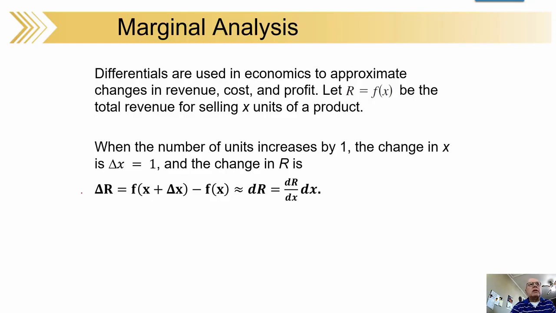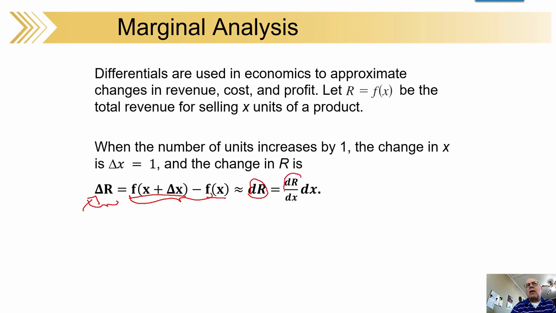So if you want marginal revenue, for example, you take the revenue at the second point minus the revenue at the first point, and if you want this delta R, and this seems a bit complicated to calculate, you can approximate it and get very close just by using dR, a differential, instead.